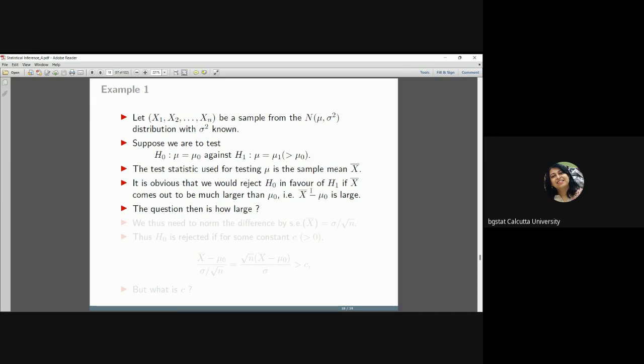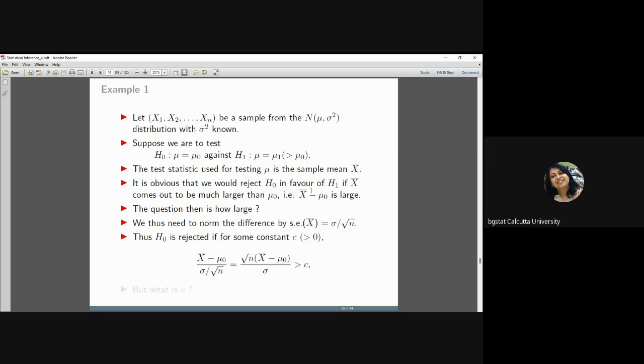So, if the alternative hypothesis is correct, we would expect that the sample mean is generally large. Hence we will base our decision on the difference x bar minus mu naught. Note that if the alternative is correct, we expect this difference x bar minus mu naught to have some large positive value.